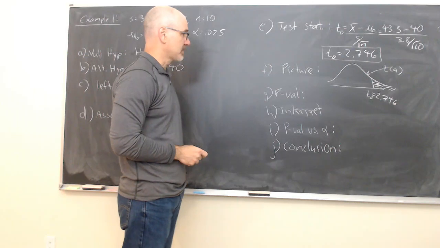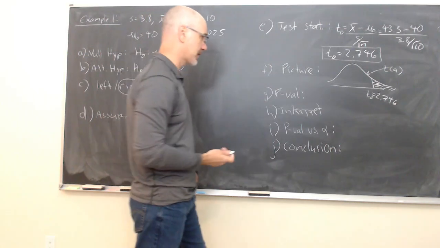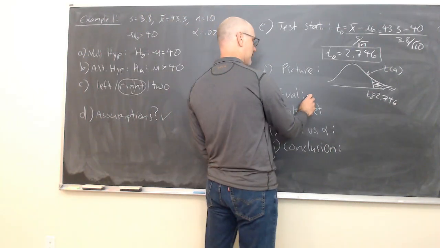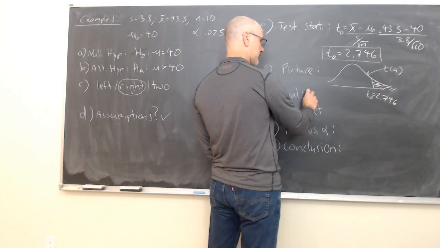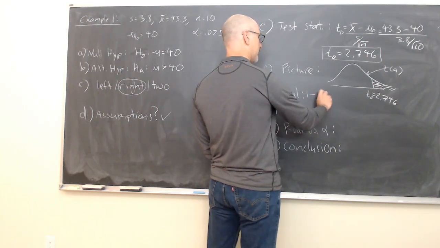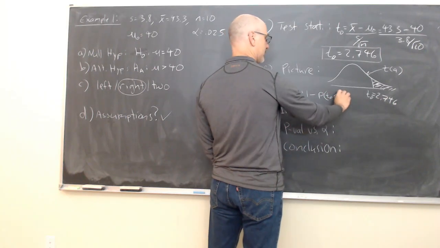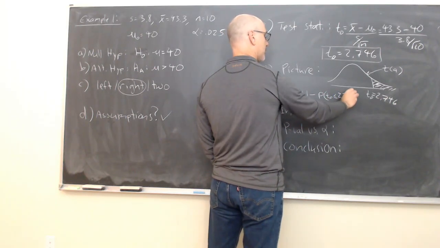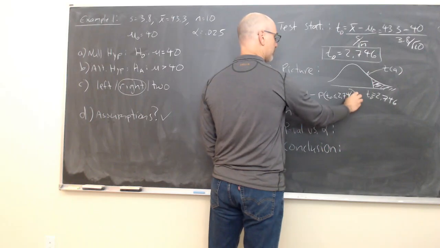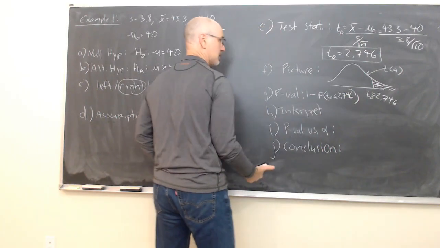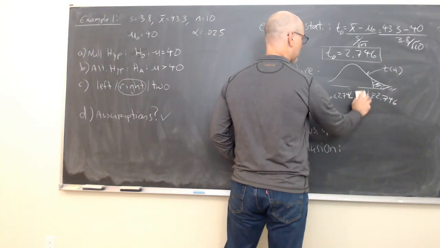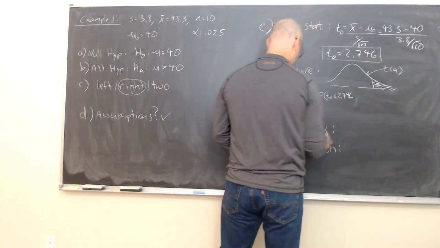All right, now to find the p-value, we need to use StatCrunch. And remember that since we want a right-hand area, we're really going to be looking at 1 minus the left area. Let's see, getting a little crowded here. Erase that bit of the picture.